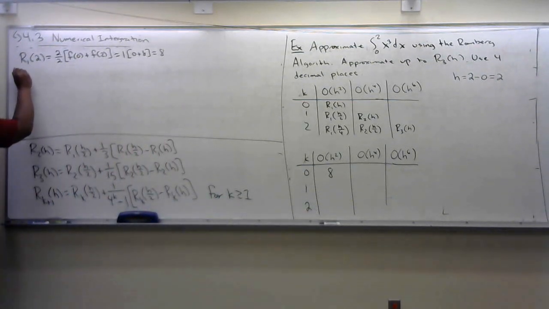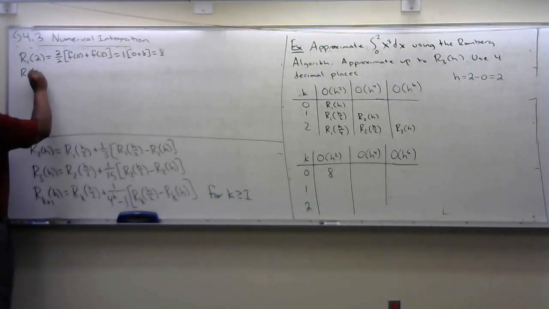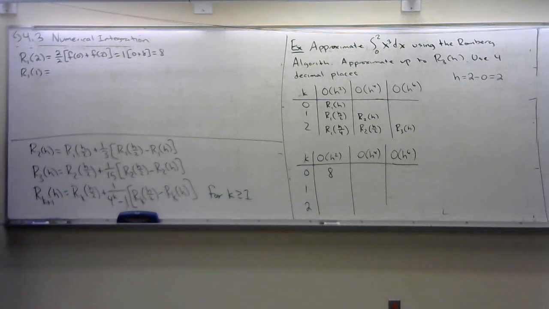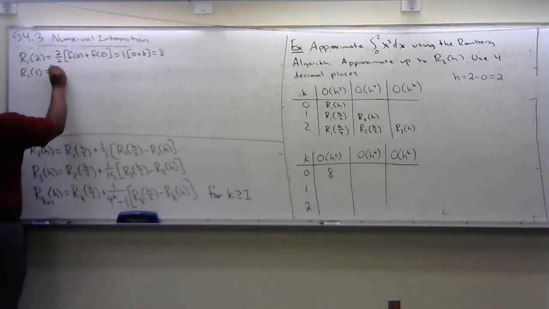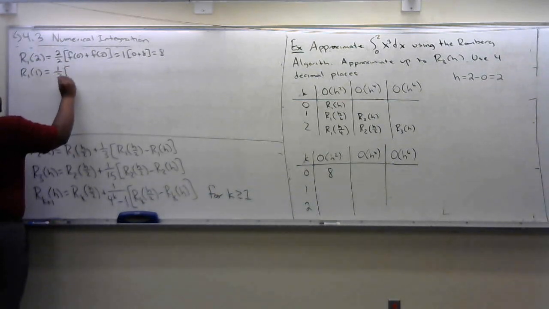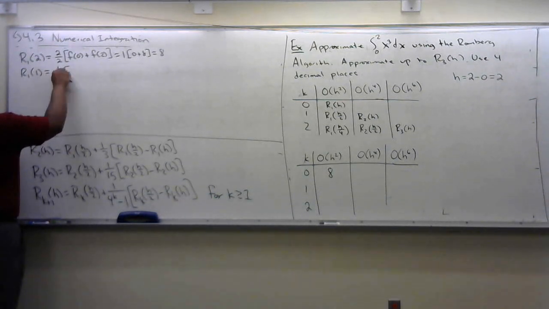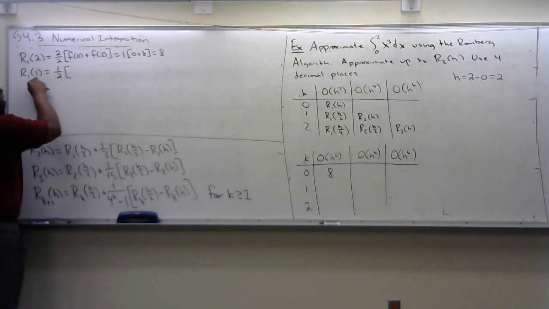R sub 1, now I'll do h divided by 2, so that's going to be 1 here. So I do the trapezoid rule where I have my h equal to 1. My interval is still from 0 to 2, right? So I have to split this up into 2 pieces. So my h is 1, so I have 1 divided by 2. This is the length of my interval that I use now, 1. So it's 1 divided by 2.